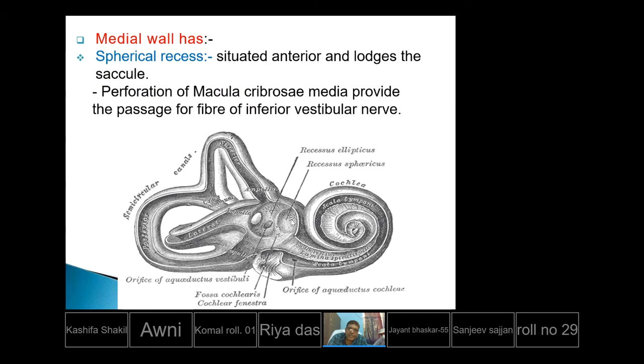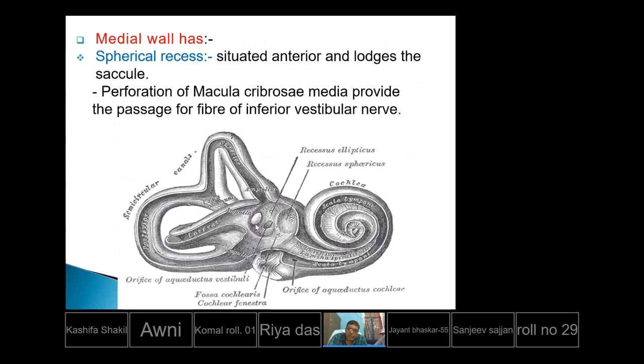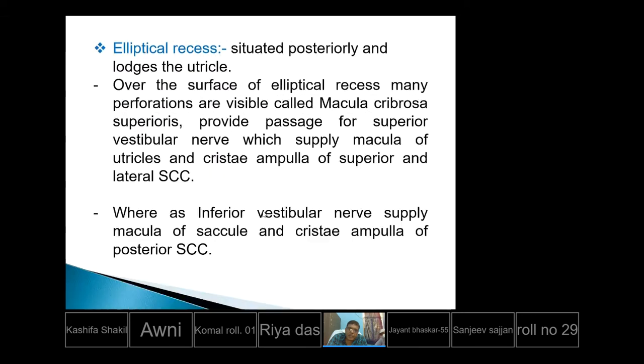The second important structure is the elliptical recess, just posterior to the spherical recess. It is for the lodgement of the utricle, part of the membranous labyrinth.